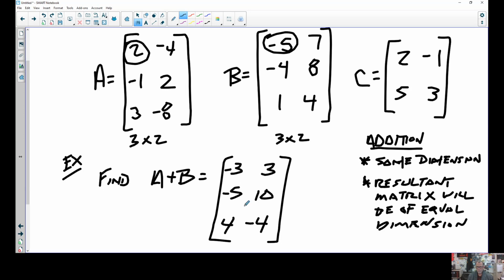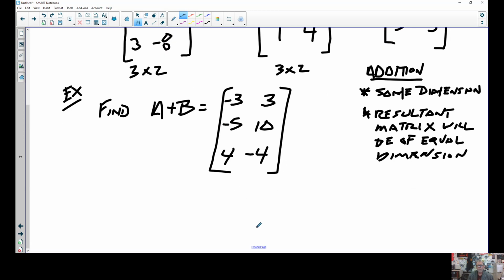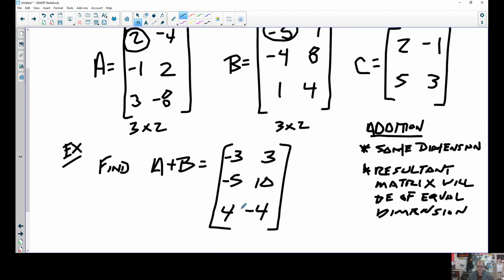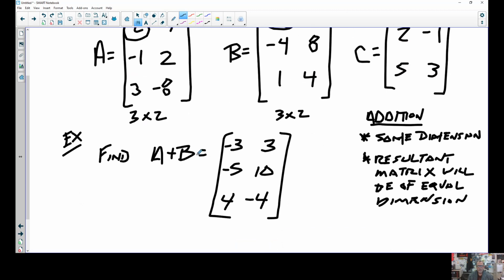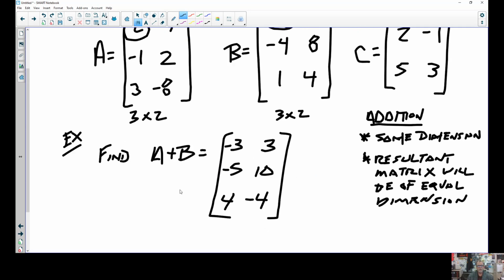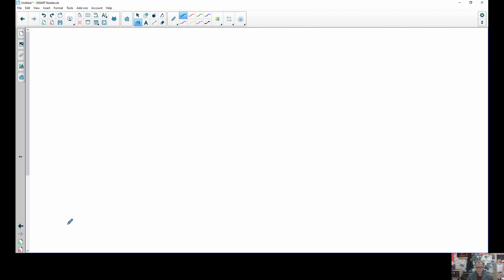So let's use those same matrices. What I'm going to do is something I don't like doing on these, but we'll do these again. Let's just find new space here. All right, so now I'm going to draw those again so we have them to work with.